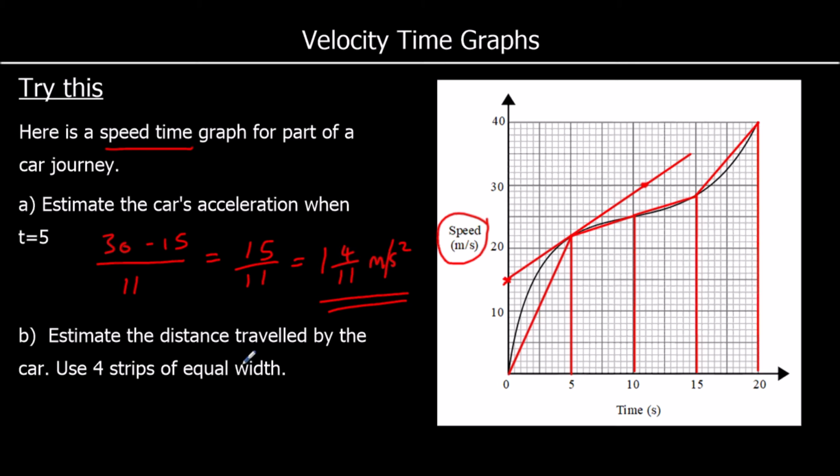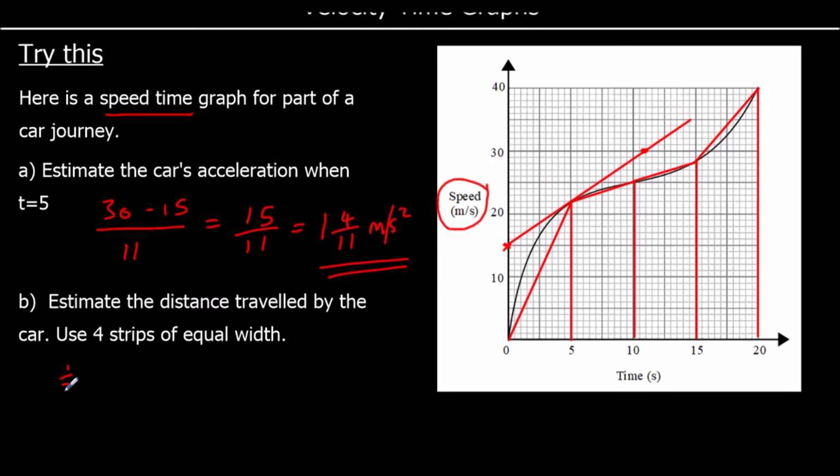So the area of a triangle, half times base times height. So half times 5 times 22. Half of 22 is 11. 11 fives are 55. For the trapezium, we've got half the sum of the parallel sides.